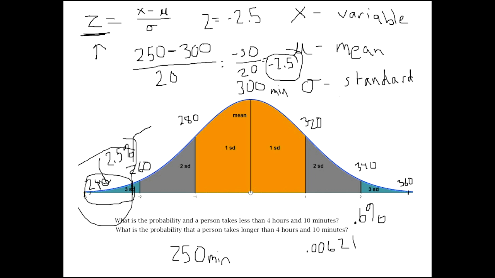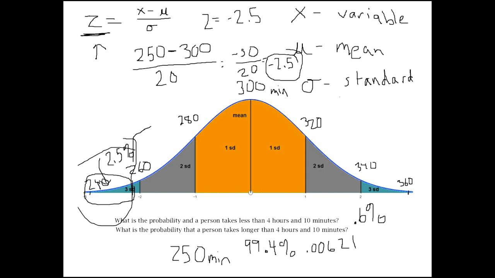Everything out of 100 that's not 0.6%. So the answer to this question would be 99.4%. 99.4% of people take longer than 4 hours and 10 minutes to run a marathon. Now, by the way, this is just completely random data, probably not at all accurate, but that's what we're working with here. That's what we're trying to do.